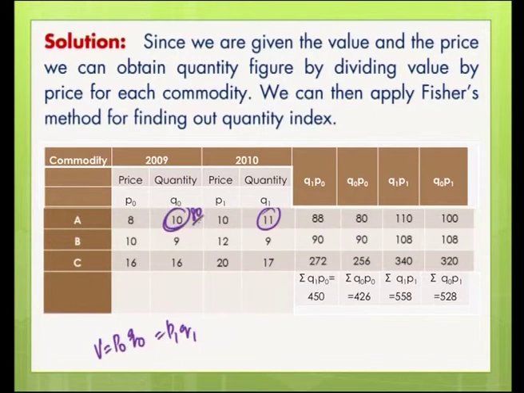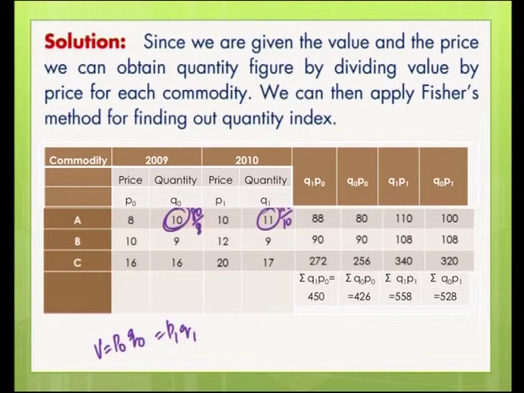So, this is 80 by 8 and this is 110 by 10. Likewise, it is calculated, and these are P0 Q0, P1 Q1. Now all the tabular columns you can represent as small letters. So Q1 P0, Q0 P0, Q1 P1, Q0 P1, everything is computed.